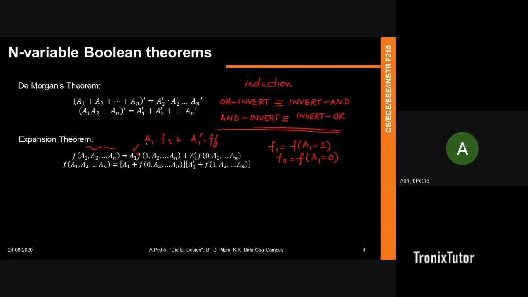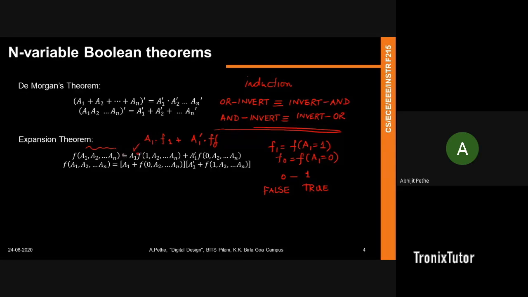So what does it mean? This means that when a1 is true, a1 prime is false. The other way to think about 0 and 1 in regular logic is we call this true and we call this false, right? So if I'm going to talk in Boolean terms, I can say that for the value of this n variable function, if a1 is true, that is if a1 is 1, then a1 prime is 0, so this drops off, and the value of f becomes f1.